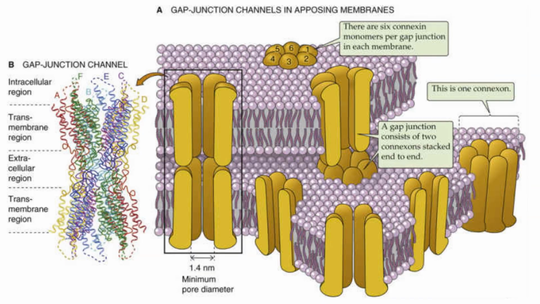This is showing gap channels in opposing membranes. Gap junction channel. This is our heart muscles, right? These cells are linked with each other. What is the term called?